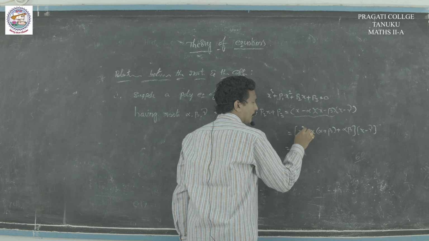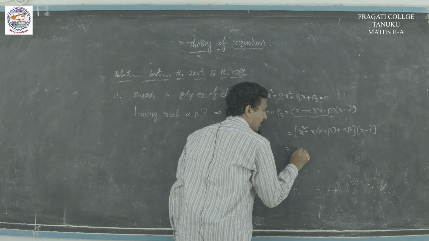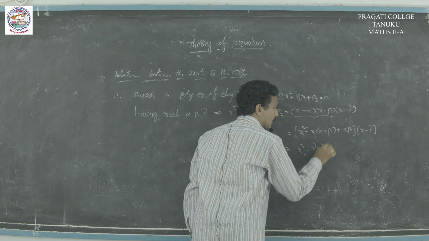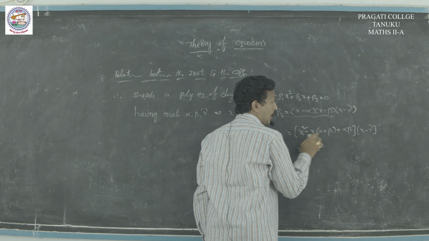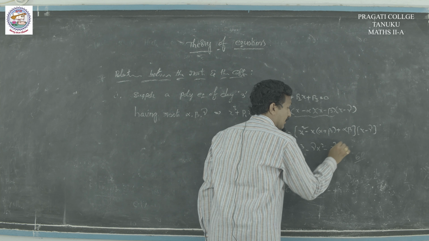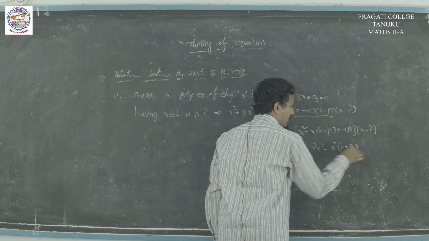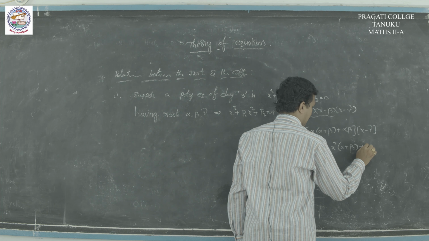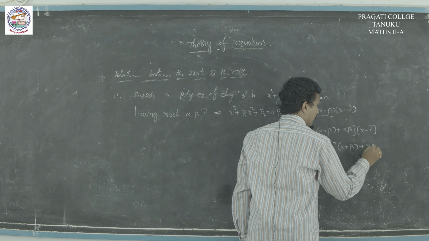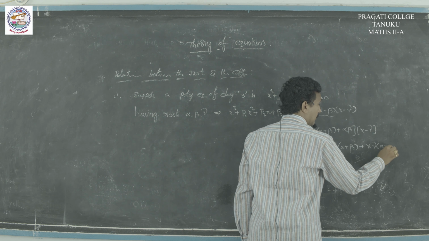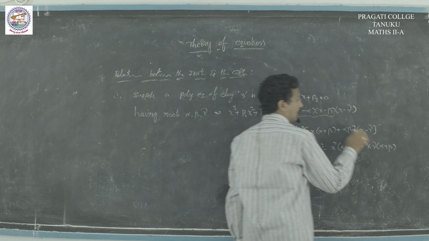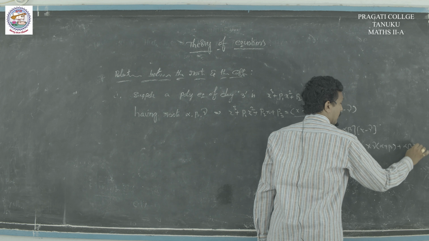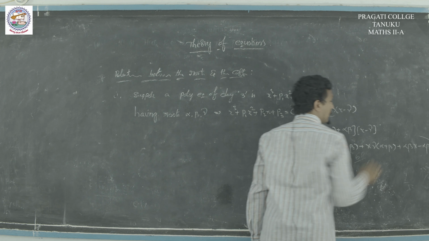First of all, x square into x, x cube, x square into minus gamma, minus gamma x square, minus x into alpha plus beta into x, that means minus x square into alpha plus beta, minus x into alpha plus beta into minus gamma, that is plus x into gamma into alpha plus beta. Okay, alpha beta into x, alpha beta into minus gamma, minus alpha beta gamma.